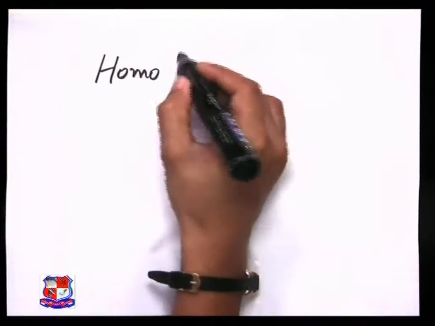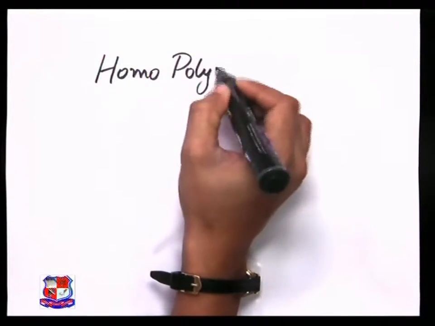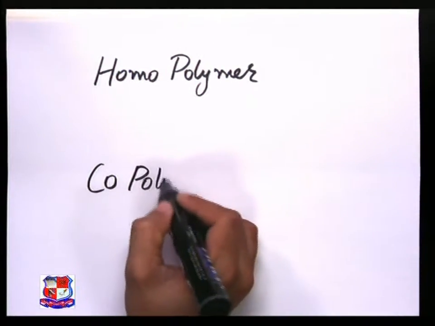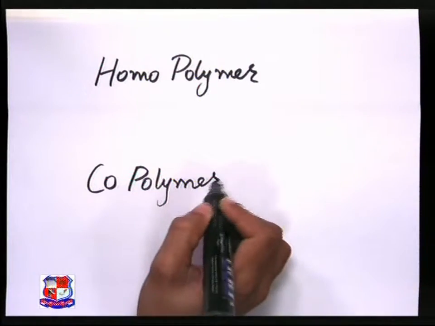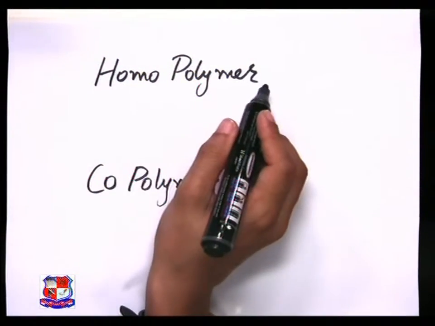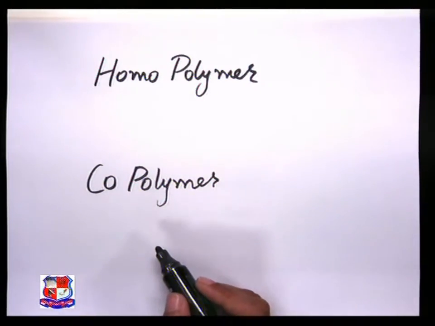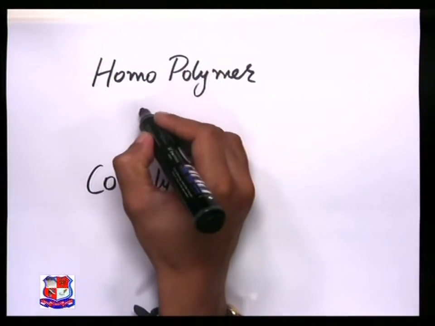Apart from that, you can also write down two more classifications on the structure, that is homopolymer and copolymer. So what is the meaning of this? Homopolymer means it will consist of monomers of the same type, and copolymer means it will consist of monomers of different types.